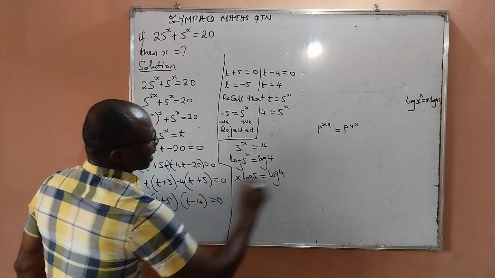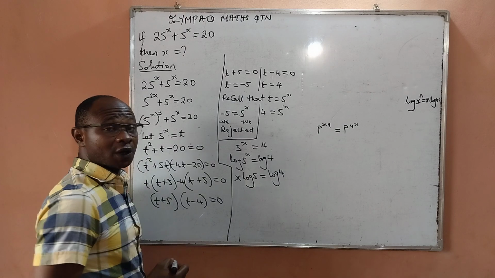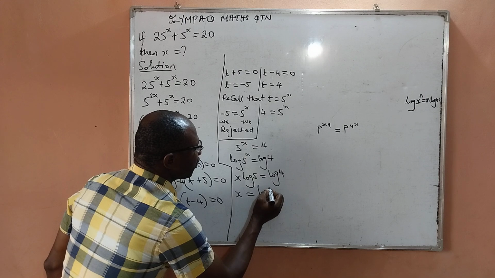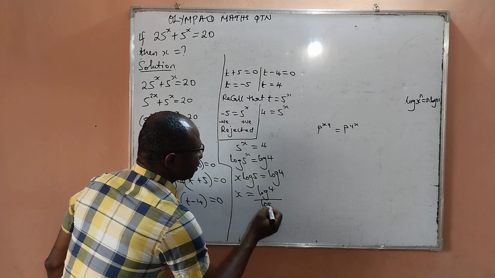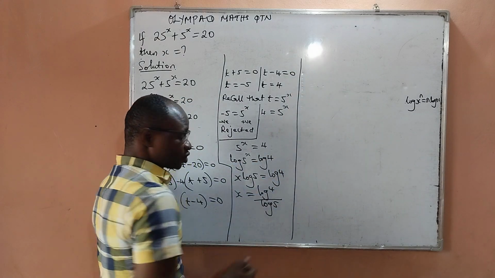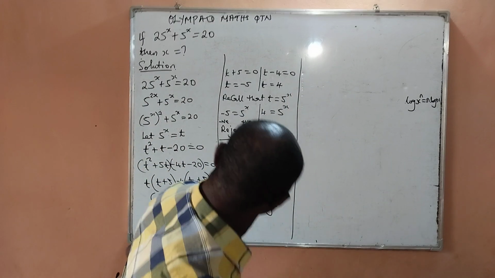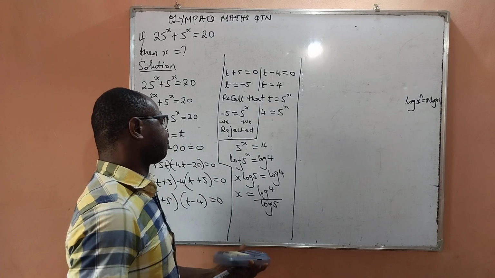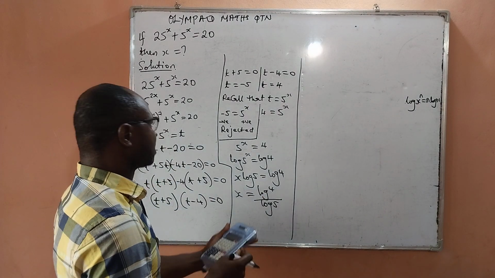Okay, so I divide both sides here by log of 5, and that means x now will be equal to log 4 divided by log 5. At this point, I can make use of a calculator to get the value of log 4. I can express log 4 as the same thing as log 2 raised to the power 2. But then it's the same thing. I go straight.